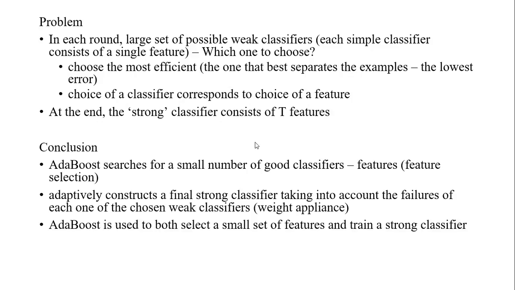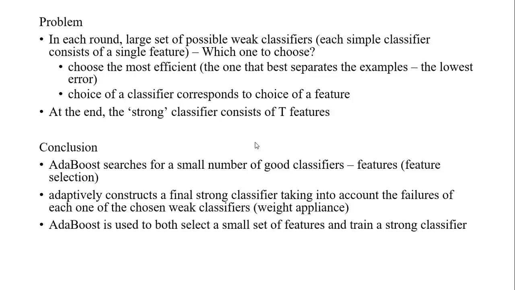So the choice of the classifier containing the feature is also an important choice to be made. Finally, the strong classifier is said to consist of T features. In conclusion, the AdaBoost algorithm searches for a small number of good classifiers, which is called feature selection.